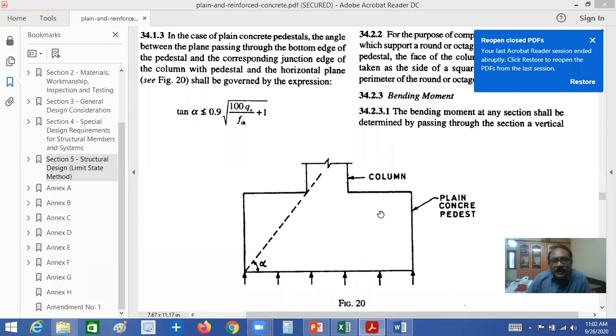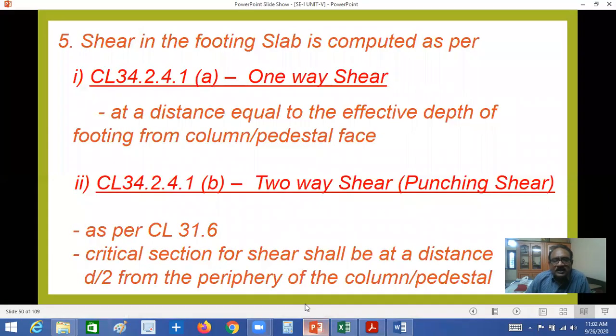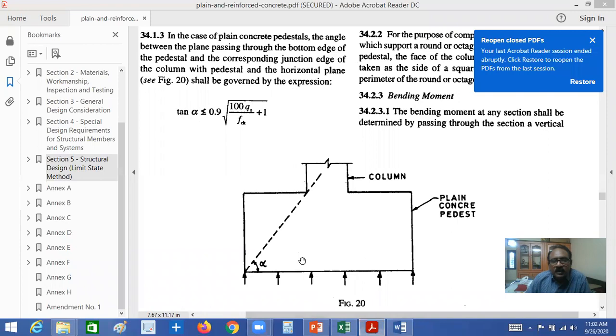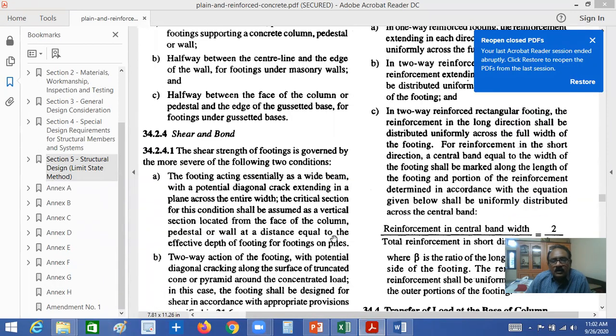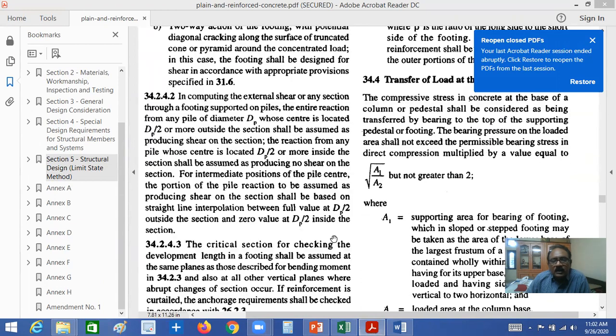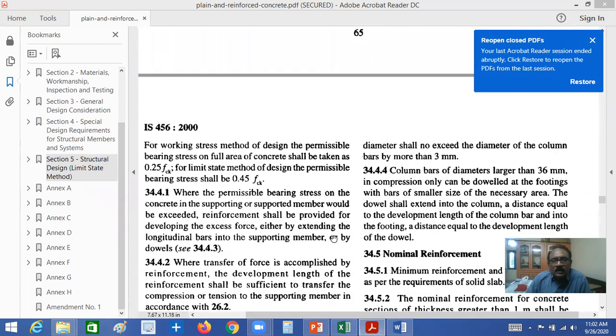I'm going to explain about shear, one-way shear. This is 34.2.4.1(a).